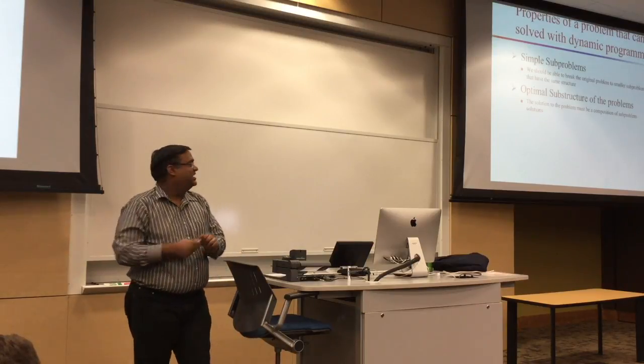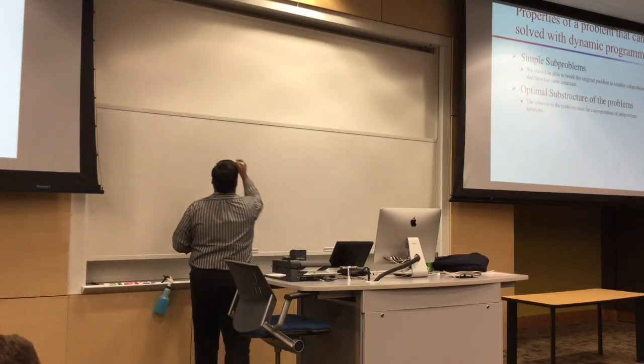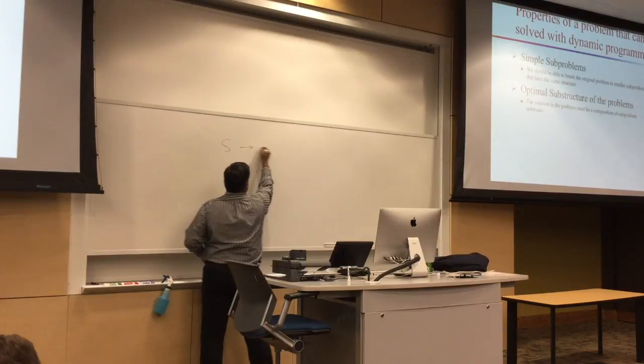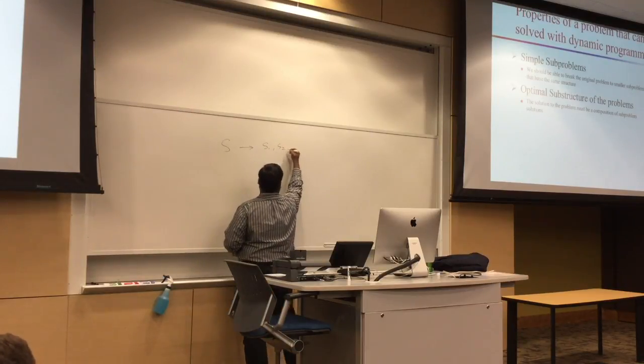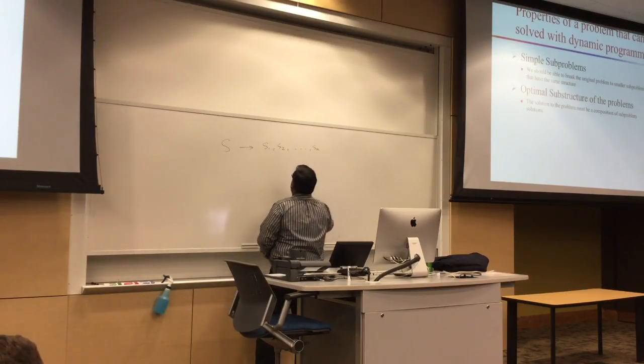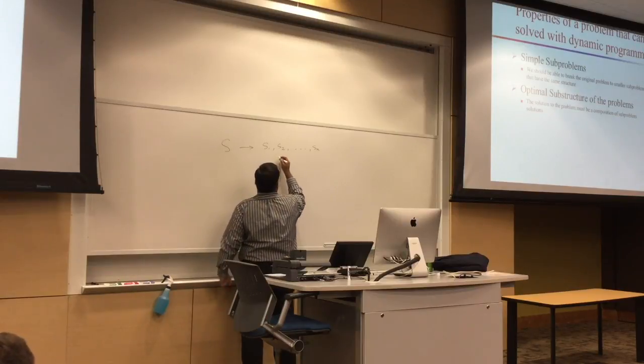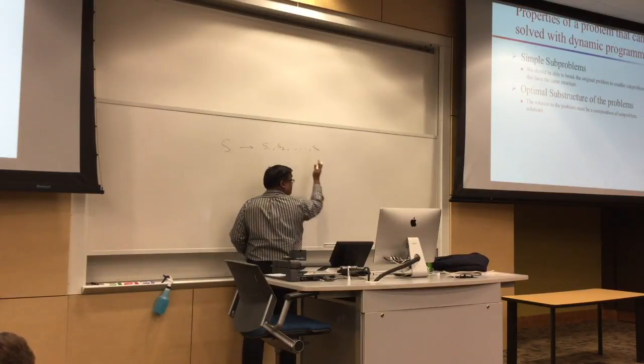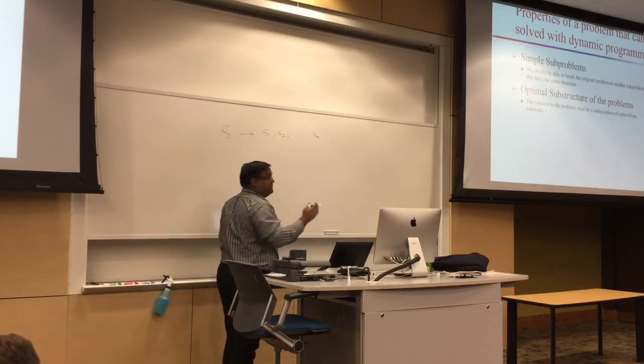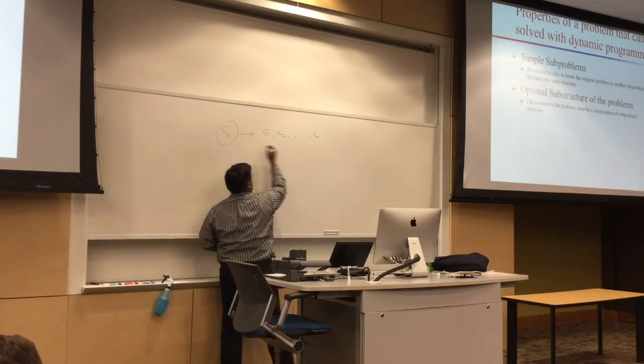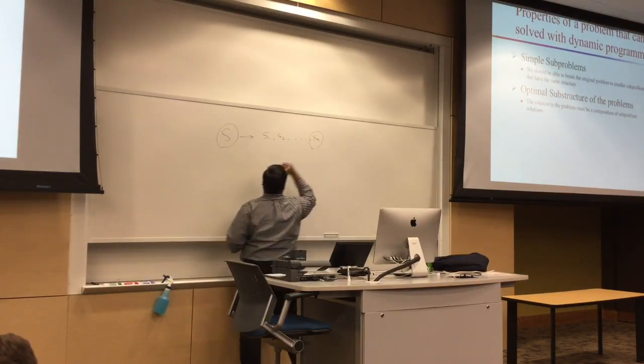No. So you take a problem S, and you divide it into sub-problems, say S1, S2, Sn. Now, these sub-problems may overlap. Maybe the solution to S is the solution to Sn, which is the last sub-problem.